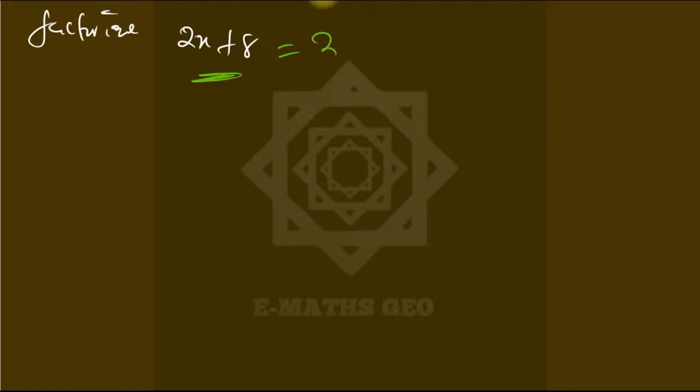Why? There is no x in 8, so x is not a common factor. The common factor here is only 2. Then whatever is remaining in the bracket is the original expression, which is 2x plus 8, divided by what you brought out.